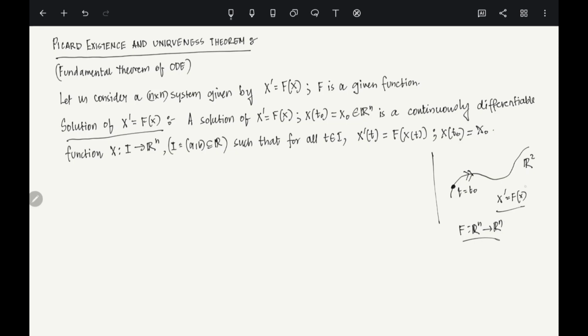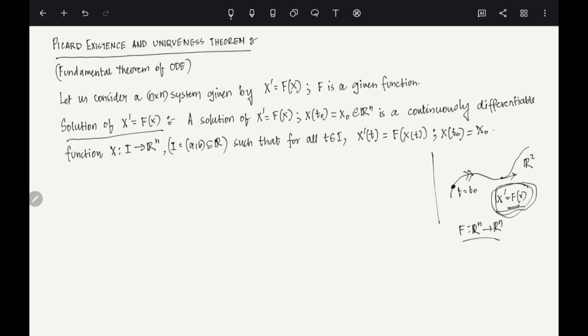It dictates how the particle moves: at every point it gives a specific direction, and says you have to move in that direction. This is the rule according to which the particle moves. The initial condition x at t naught equals x naught says the particle has to start from this point.